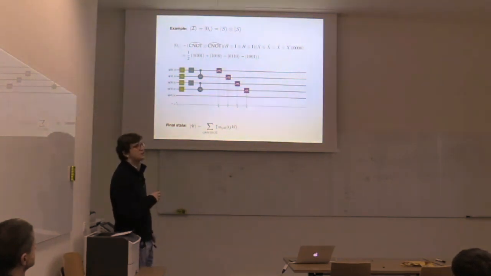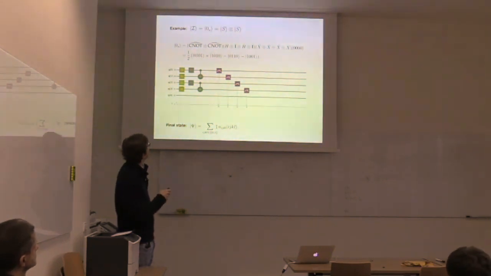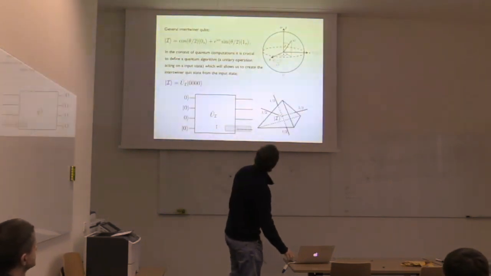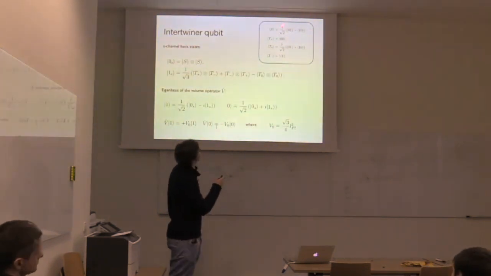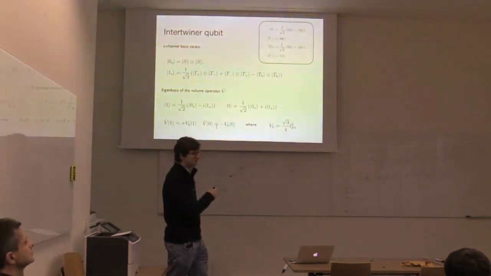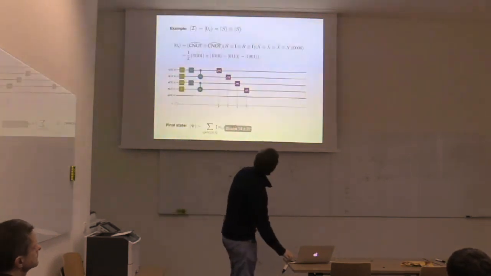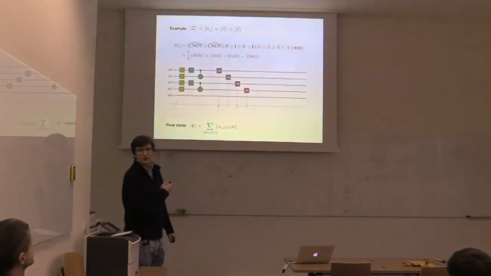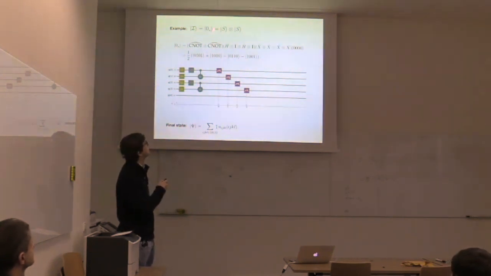I already introduced how to generate a Bell state, and you know that the 2 spin 1/2 singlet is just the Bell state that I introduced at the very beginning. Now this basis state 0s is just a tensor product of 2 Bell states, 2 singlets for 2 spins 1/2.